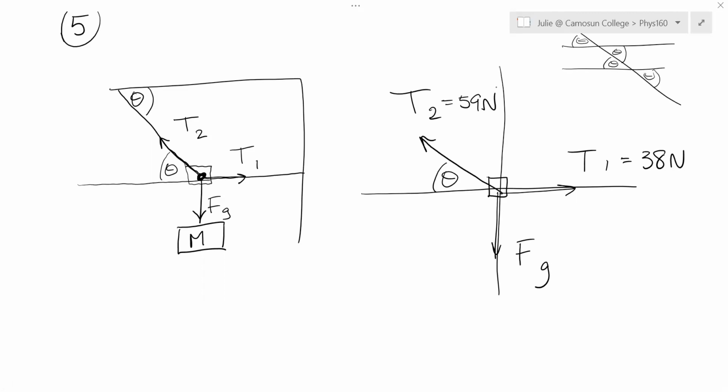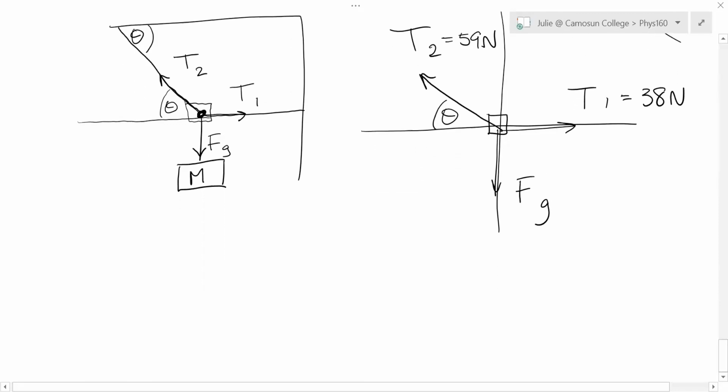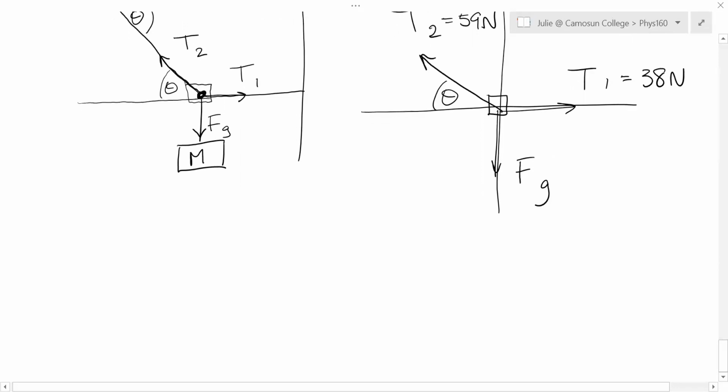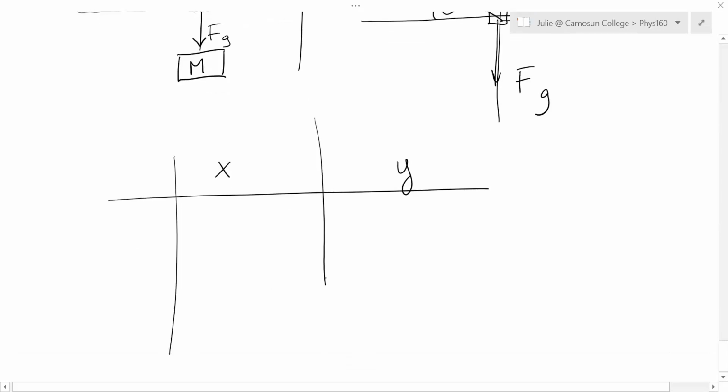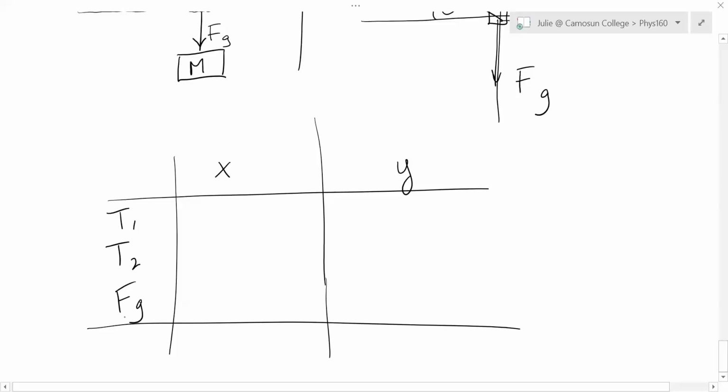Okay, but do we need that? We don't need that. We can actually work it out. Remember, we have two equations here. So let's do our table. We're going to do our XY table this time. It's probably a little bit easier to see what's going on. And we've got T1, T2, and Fg. Those are the three forces. They have to add to 0.